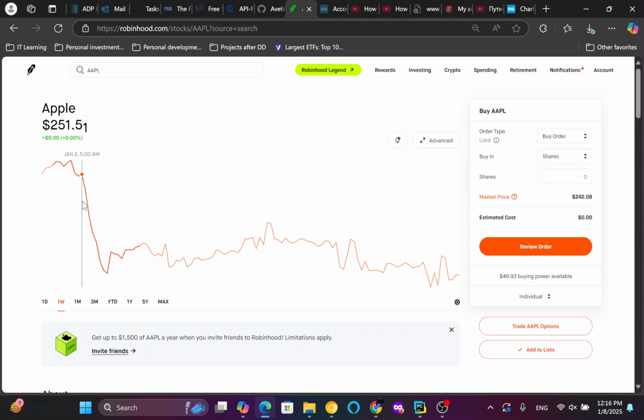You wake up and decide that you don't want to hold Apple stocks anymore, and you want to try your luck in some other segment of the economy, like, I don't know, fuel or pharmaceutical or energy, anything like that.